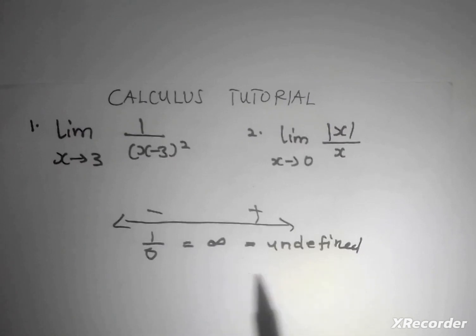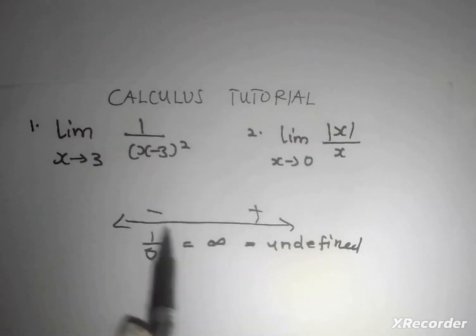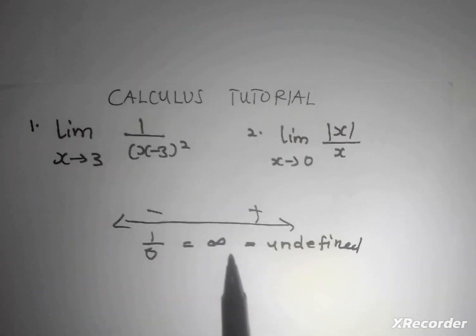This is a very important concept you should understand. Generally, in mathematics, 1 over 0 is undefined. But if you find the limit as a function approaches a particular point, and you get a resulting value as this, then your function is going to be equal to infinity.